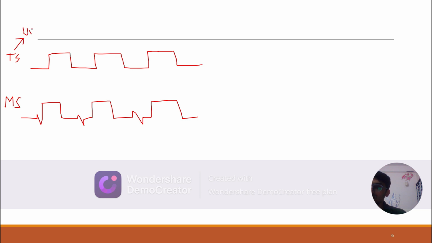This is not known basically, and this is the measured signal. So what we are doing here is we don't know the true signal. We want to figure out the true signal using the measured signal. So we have a control signal here. That is the isosbestic, and we know that isosbestic should behave something like this.